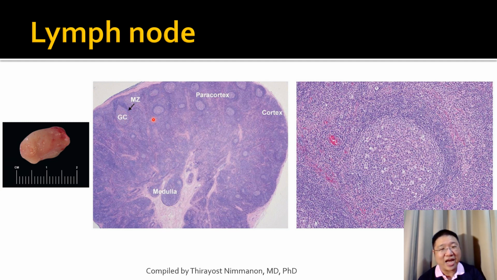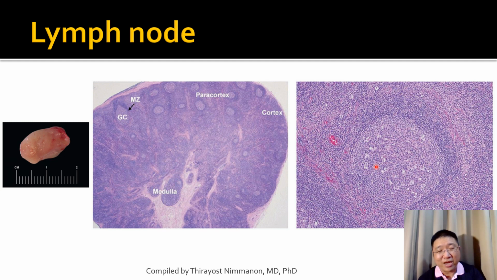So these are secondary lymphoid follicles, and this is a normal secondary lymphoid follicle. One follicle will have the germinal center like this. This is called the germinal center.